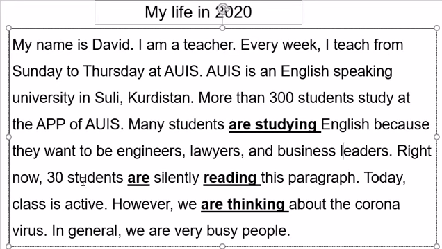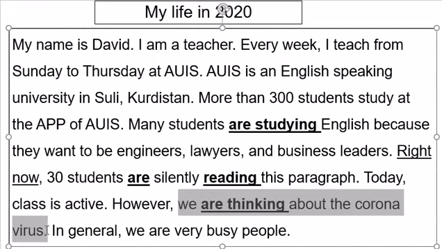Okay, so that's one example. Another example, right now, 30 students are silently reading this paragraph. So why do I use present progressive? Because I want to focus on the action is happening right now. So the key word here, right now, okay? And another example, we are thinking about the coronavirus.